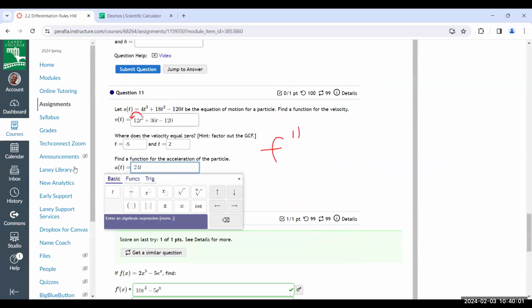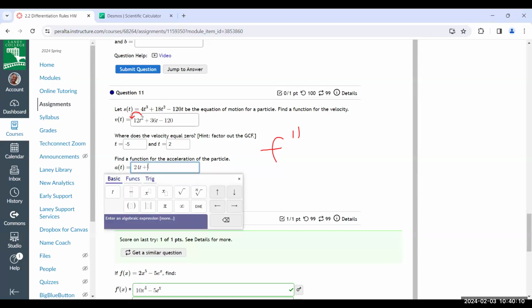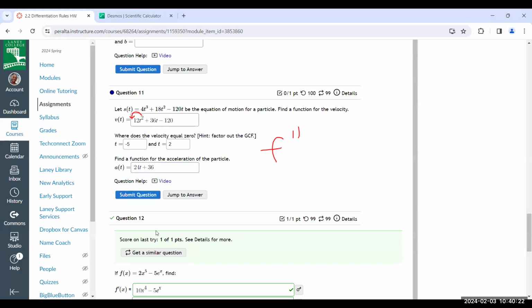And then apply the rules I was talking about. Like if you have a constant times your variable, the derivative is just going to be the constant. So plus 36. And then you remember the third rule, or maybe the second rule, that I talked about today, that the derivative of a constant is always equal to 0.